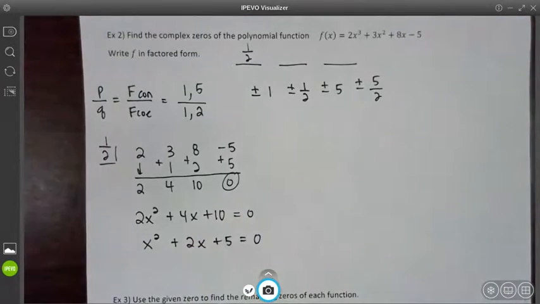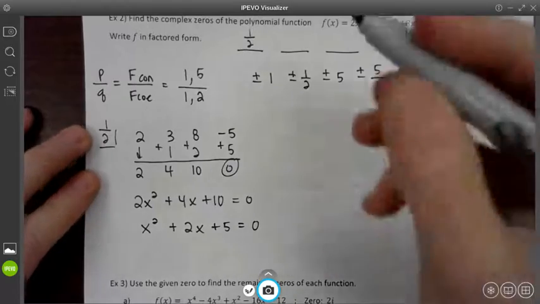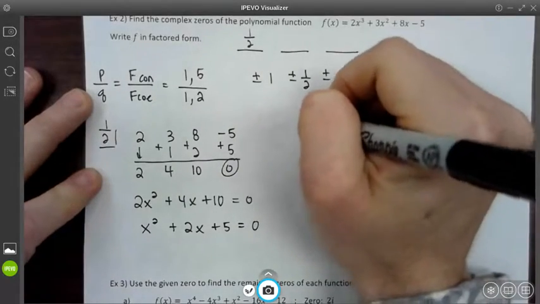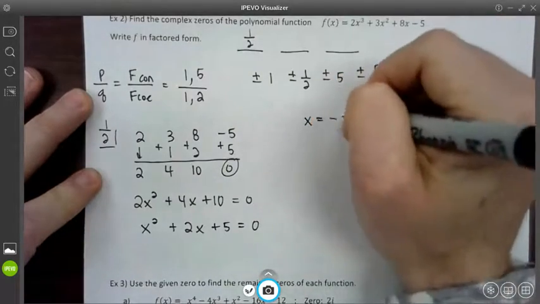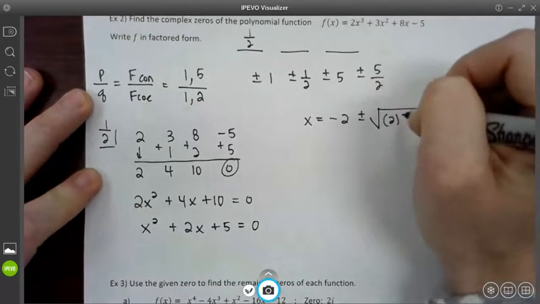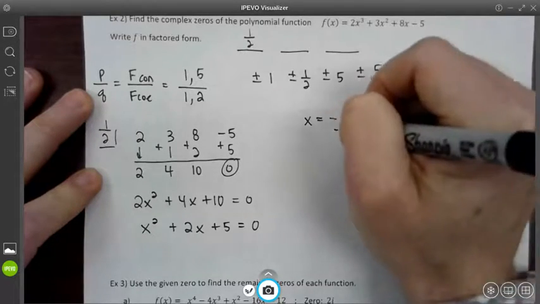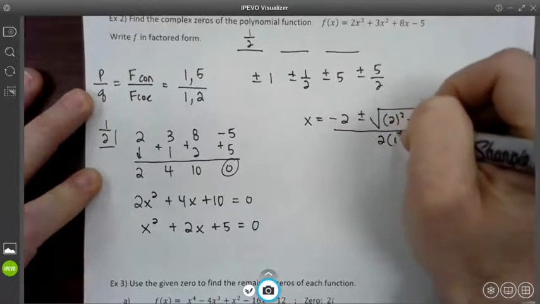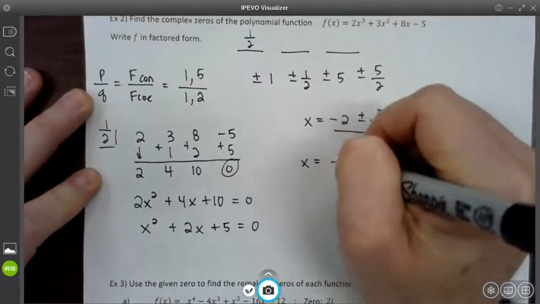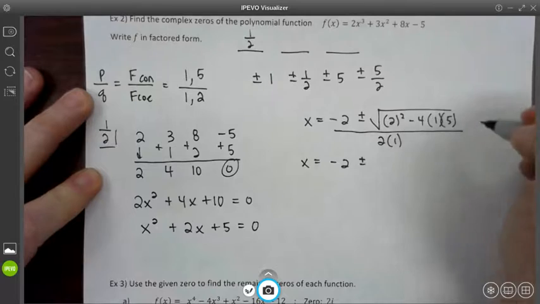All right, so now I can find my last 2 zeros by, it's not going to factor, so we're going to use the quadratic formula. So x will equal -2 plus or minus the square root of 2 squared minus 4 times 1 times 5, all over 2 times 1. So x will equal -2 plus or minus, that's going to be what? 4 minus 20.